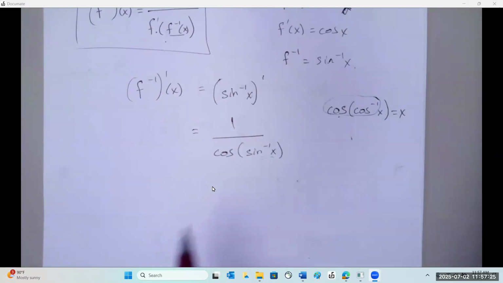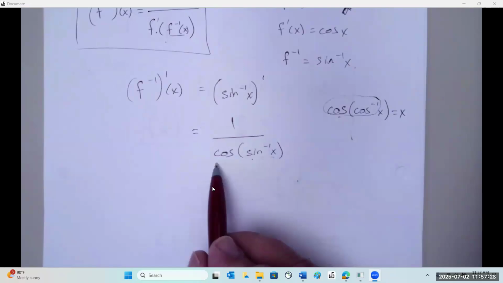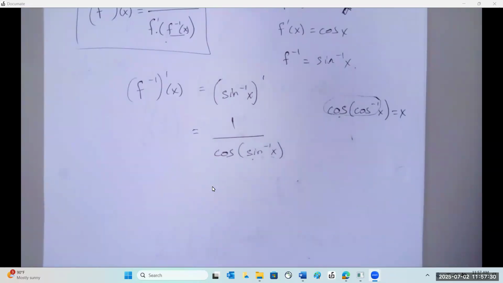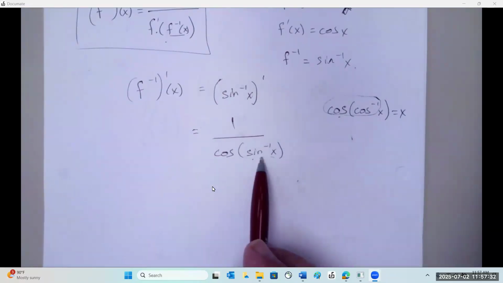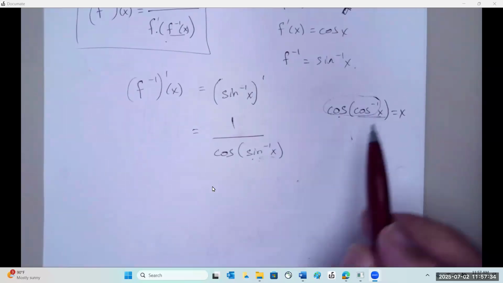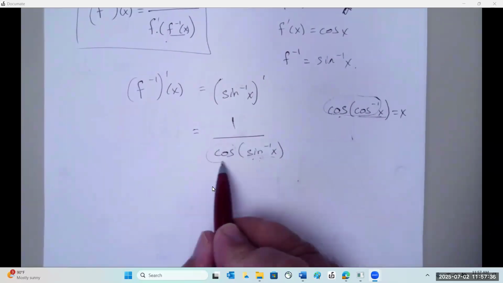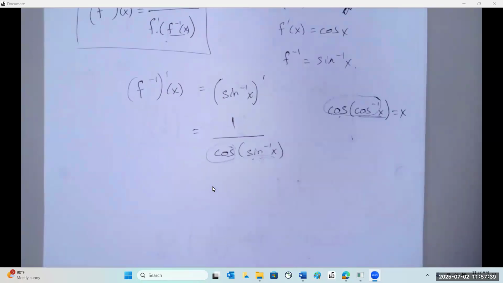So now we have to convert this into a term of sine. Since we have the cosine, how can we convert cosine into a term of sine? Do we know any conversion factor?